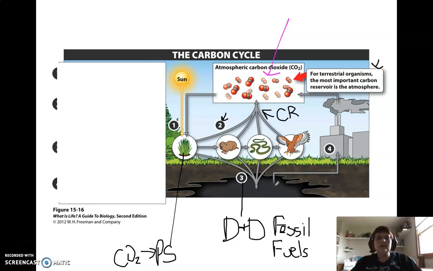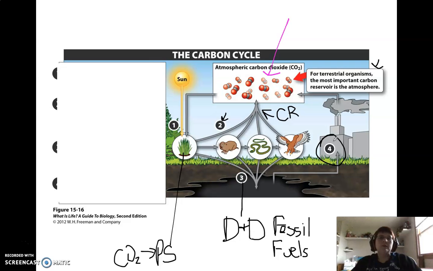The reason why these two are here is because this is how humans can alter the cycle. Nature locked this away. What we do is number 4: we dig up the carbon, in the form of coal, natural gas, oil, and we burn it.